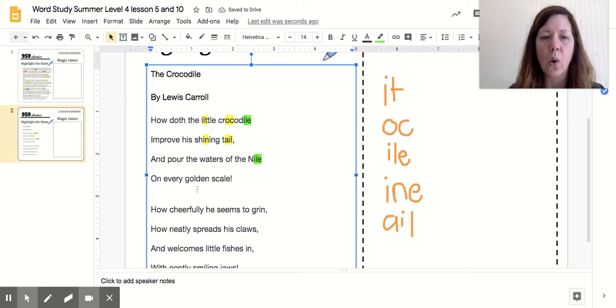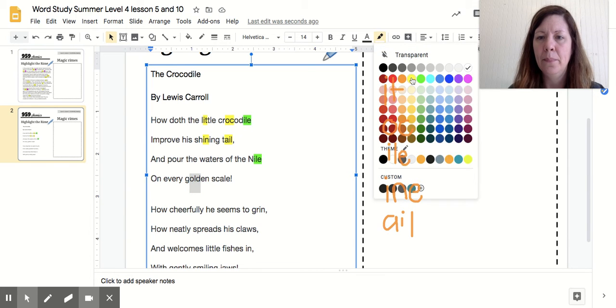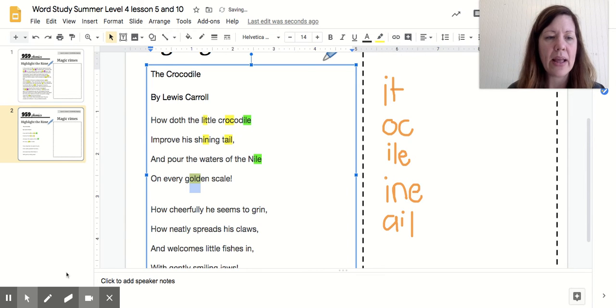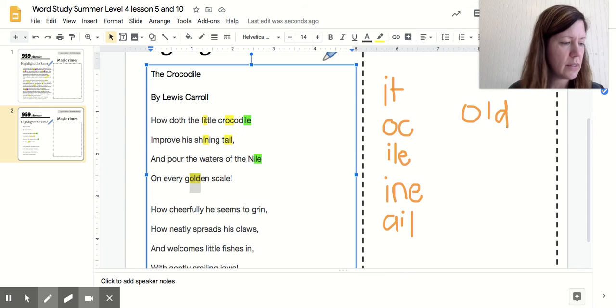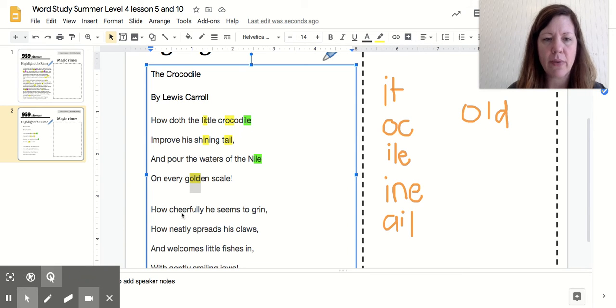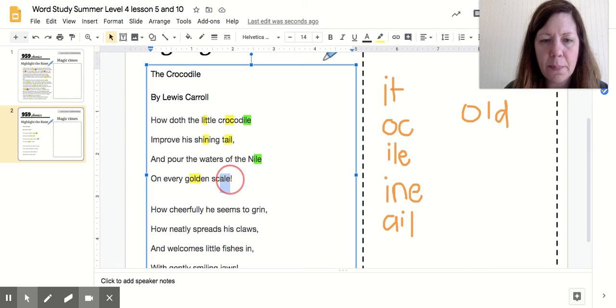How about in golden? What's the magic rhyme? O-L-D. So I am going to write that one over here. And how about in scale? What's the magic rhyme? A-L-E.